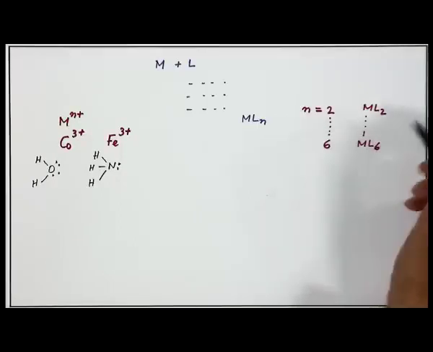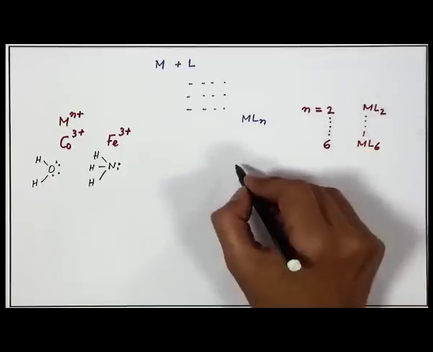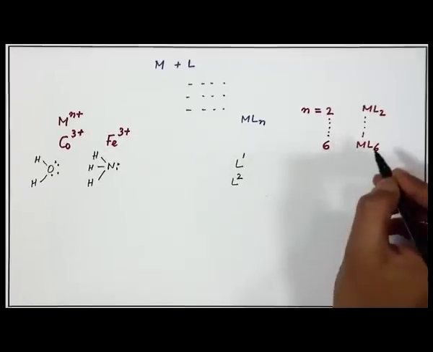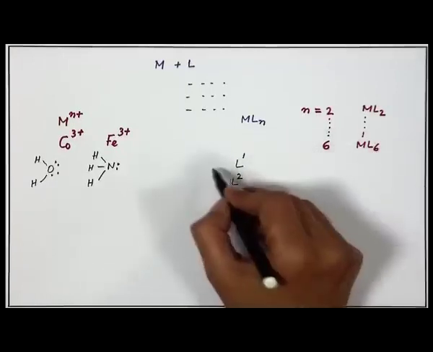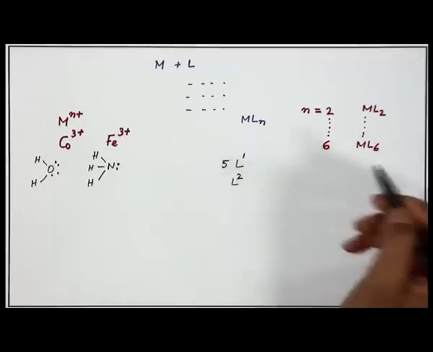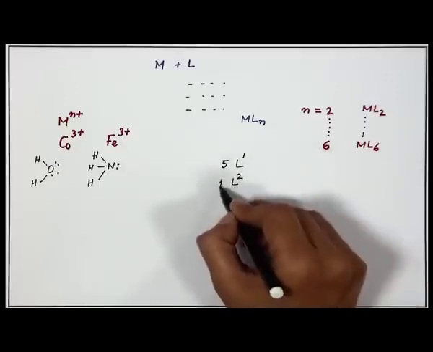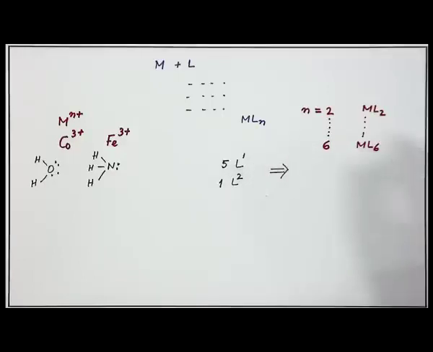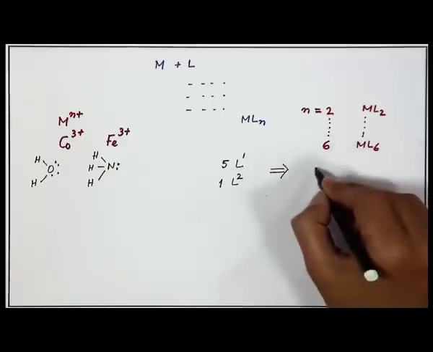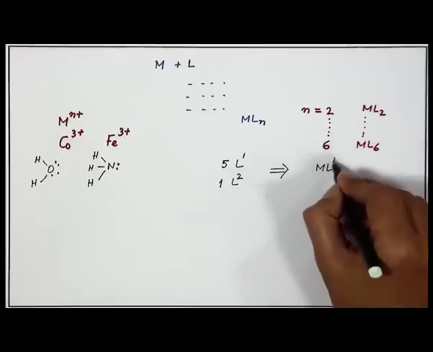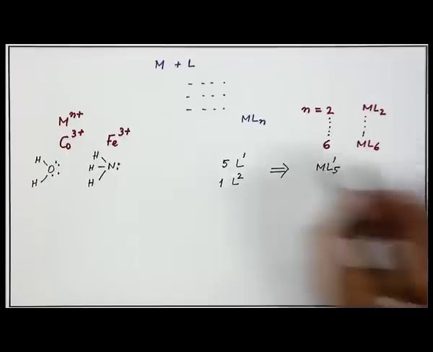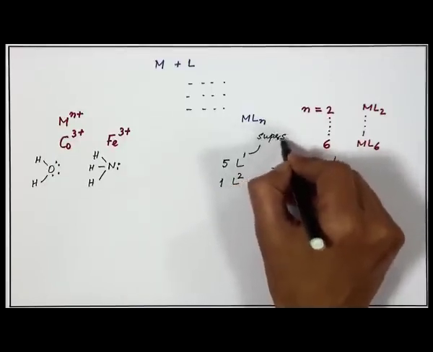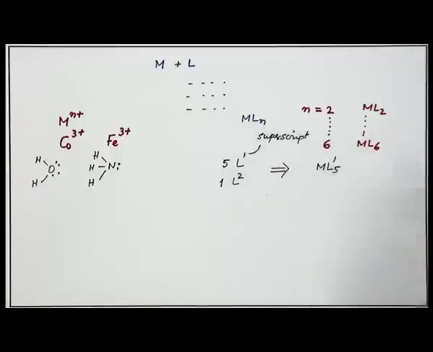But if we consider that no, I will take something where we have L1 and L2, as for example, and we will take 5 of them as L1 and 1 of them as L2. So, what will be your corresponding compound? Your corresponding compound will be M L1. L1 is the label only, nothing but the superscript.